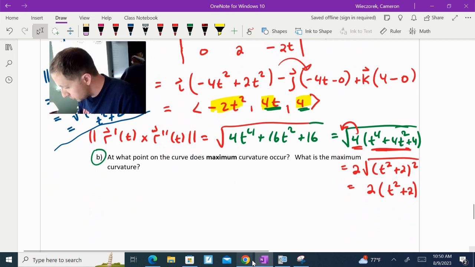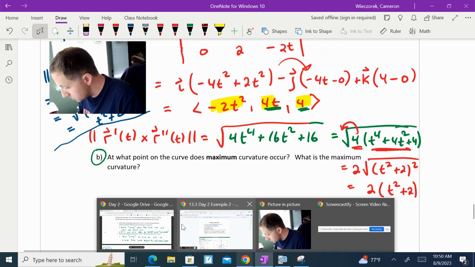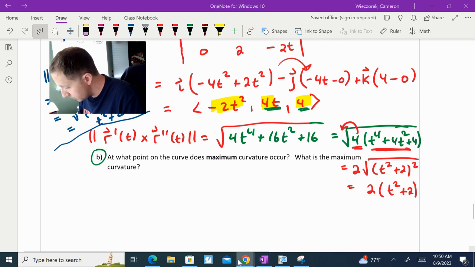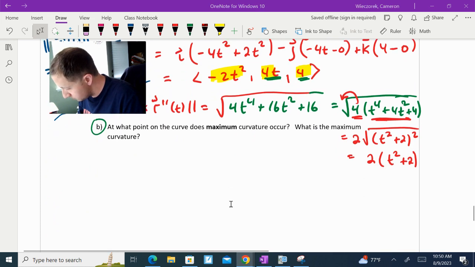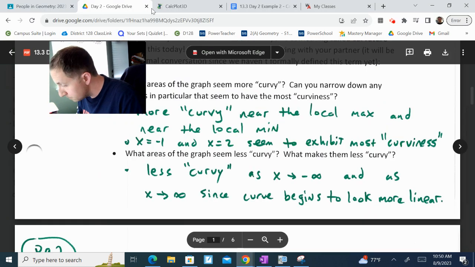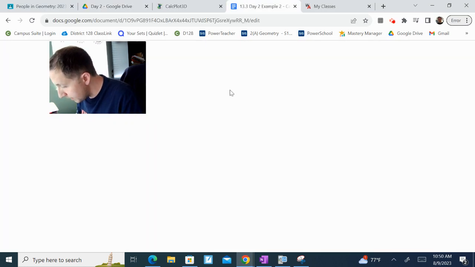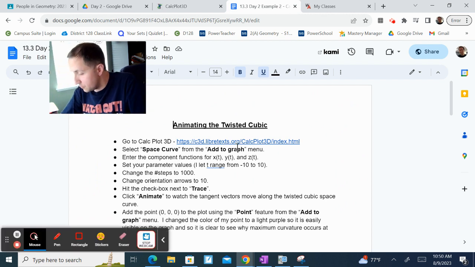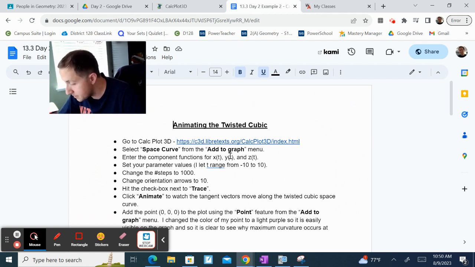I have some instructions actually for how to generate this twisted cubic. So if you want to try to generate this yourself, there we go. I posted these on Google Classroom also, but if you go to the CalcPlot3D website, you're going to add a space curve to your graph menu, enter in the component functions that we have in the example for x, y, and z, set your parameter values to go from -10 to 10, change the number of steps.